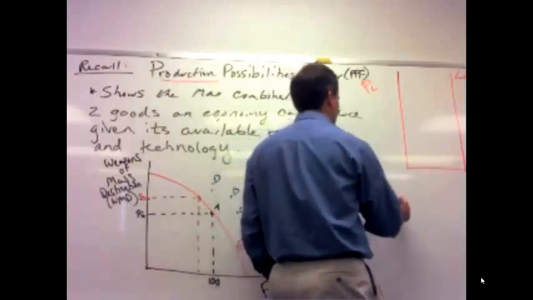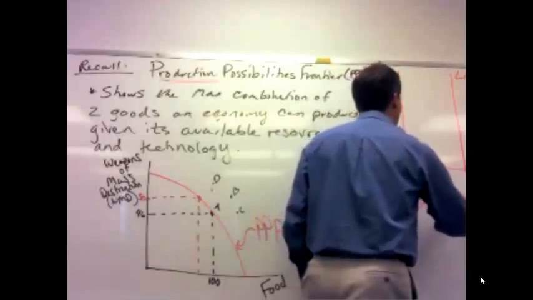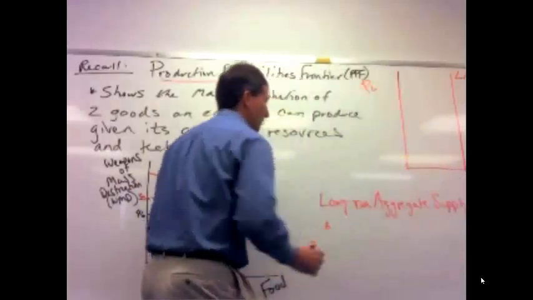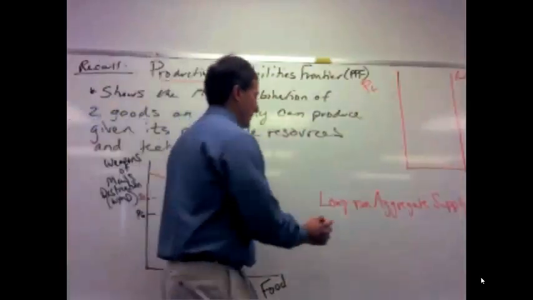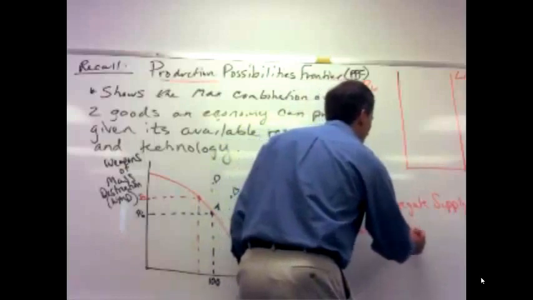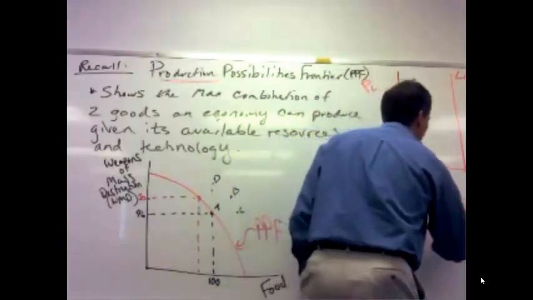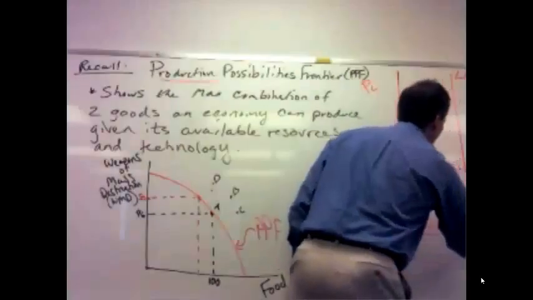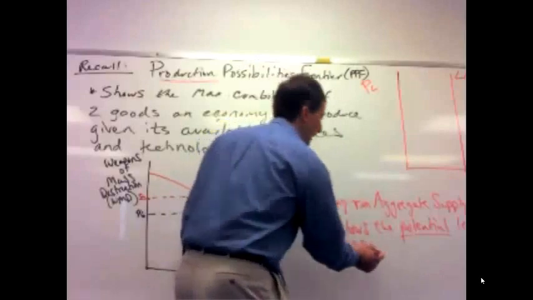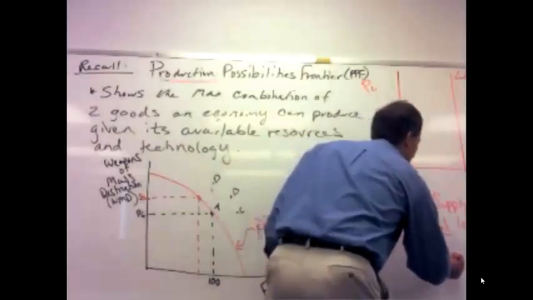Long run aggregate supply shows the potential level of real GDP at full employment.